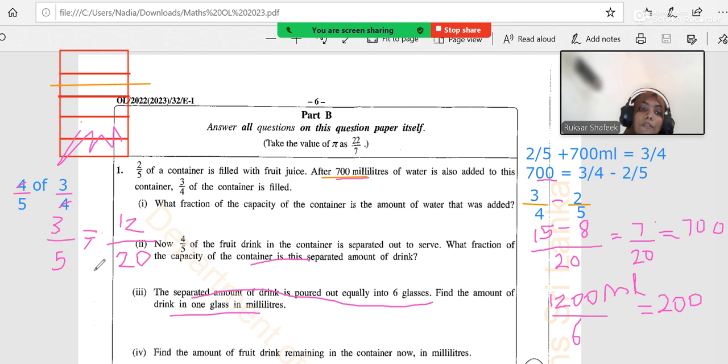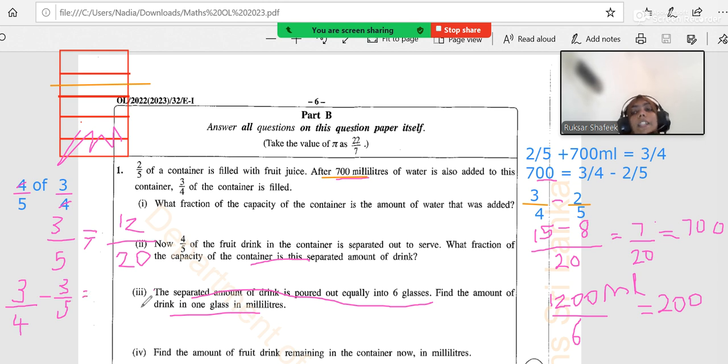So to find how much of fruit drink is remaining, now you had 3/4 and you've used up 3/5 of it. So you have to subtract from 3 over 4, you have to subtract 3 over 5. Oh, sorry, let me put that. 3 over 4 minus 3 over 5. So if I have to write this down, what would I do there?